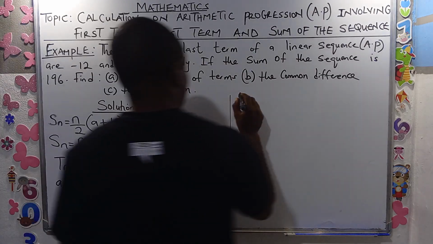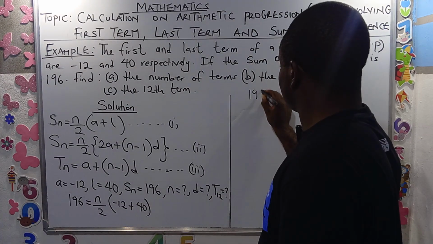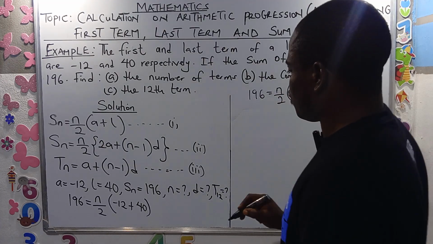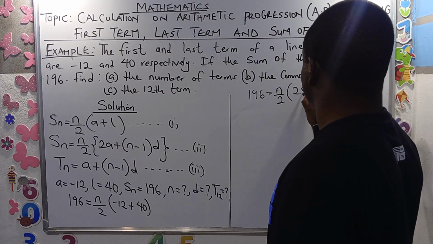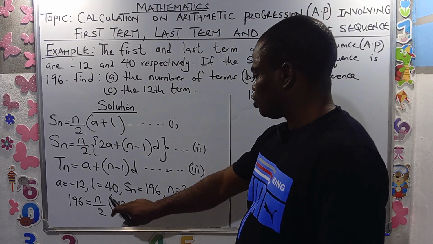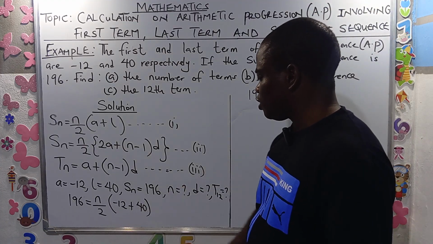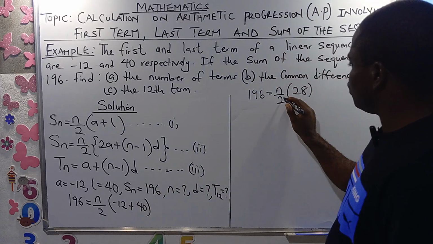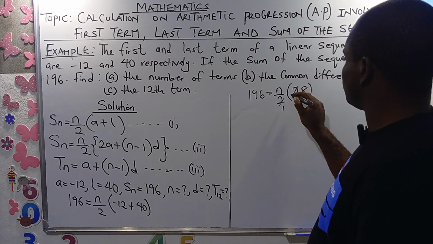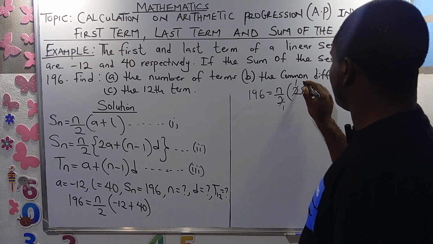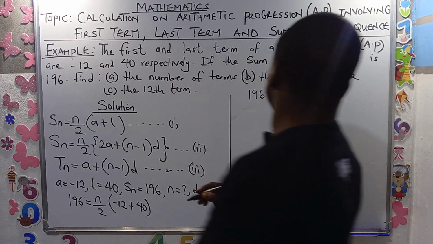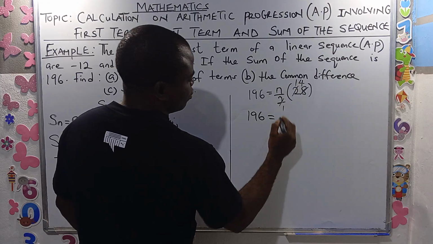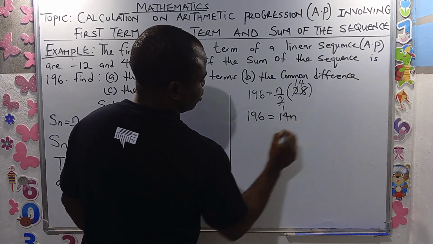196 equals n over 2 times minus 12 plus 40, that's 28. Okay, 40 minus 12 will give you 28. Now let's divide 28 by 2, that's 14. Now 196 equals n times 14, that's 14n.